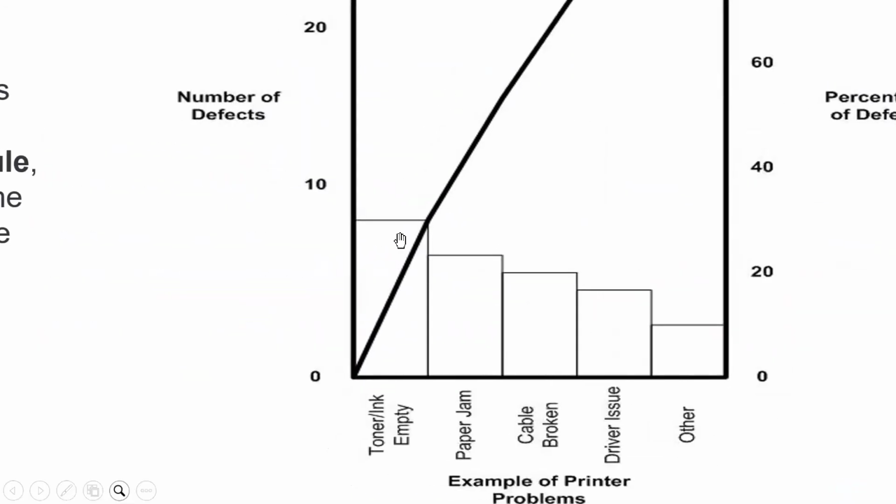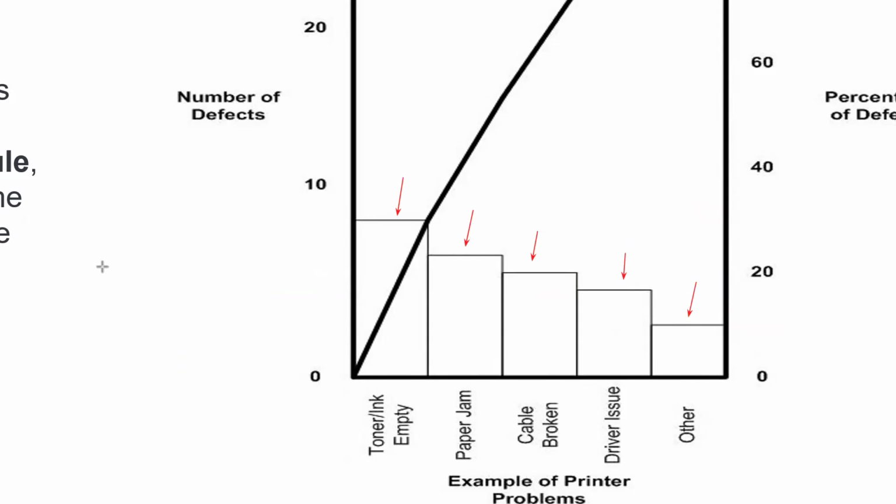So we have here a company like Hewlett Packard, who has produced printers. They produce thousands of printers. But when we are testing, we get this result. 8 printers do not have toner ink in them. 7 printers have paper jam issues. 6 printers have cable broken in them. 5 printers have driver issues, and 4 printers have other issues.